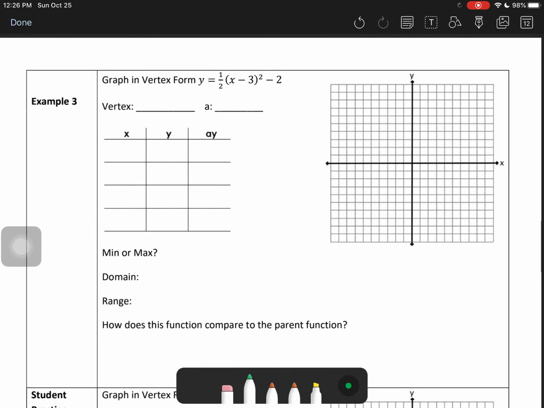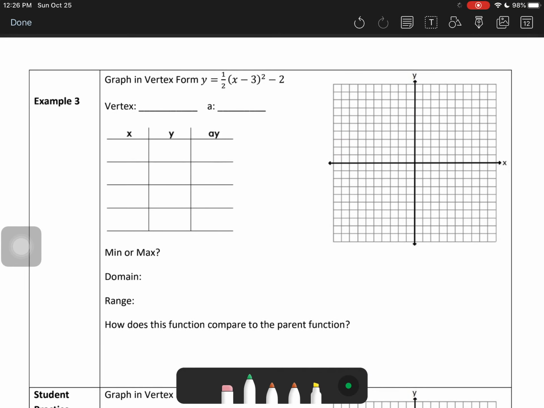In our next example, our vertex is going to be the opposite of our h value, which is 3, and then our k value. Our a, our leading coefficient, is 1/2, which is positive, so it's going up. Since it's going up, our vertex is going to be a minimum. Our vertex is at (3, -2). We'll put in our parent function values.